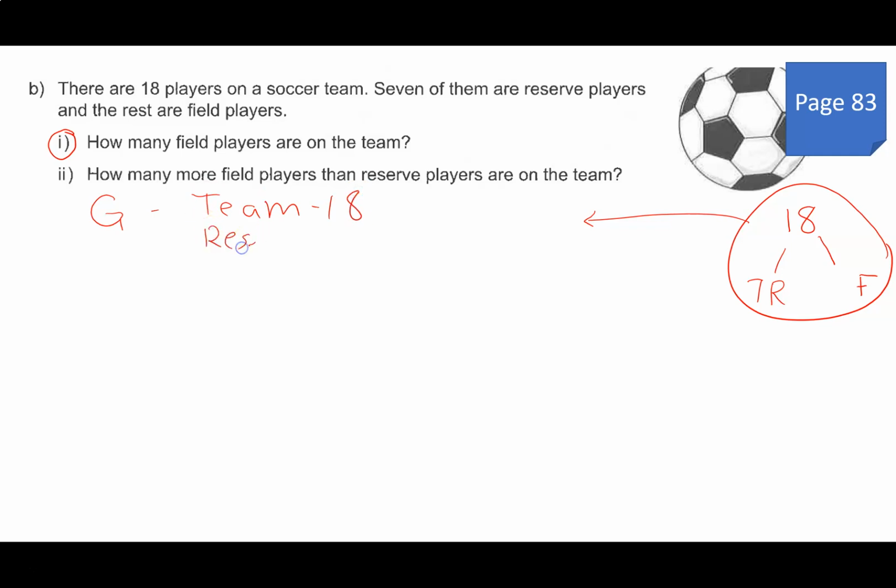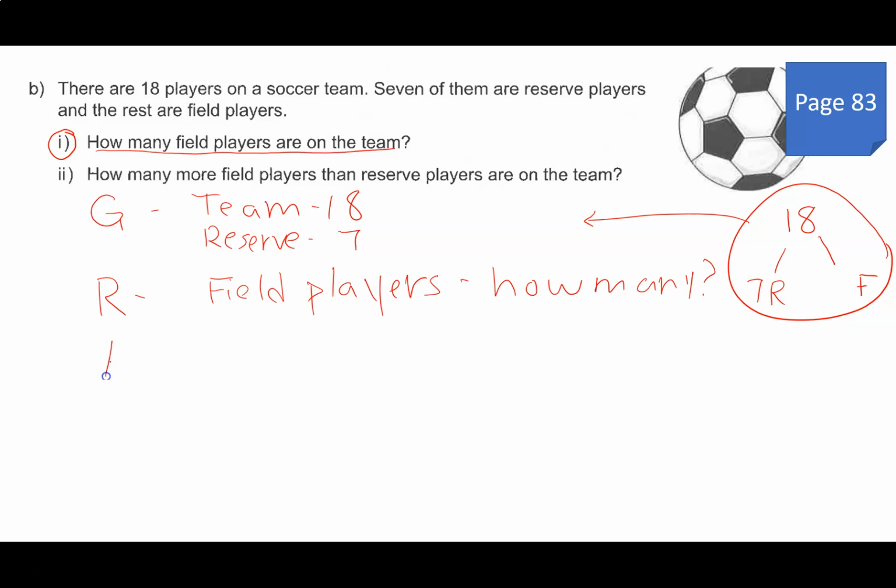So that means those are players that don't show up for every game, but are included on their roster. There are 7. All right, what is the required information? Well, let's look back to the question. How many field players are on the team? So we're required to find field players. Maybe I should have written number of field players. So let's write how many.